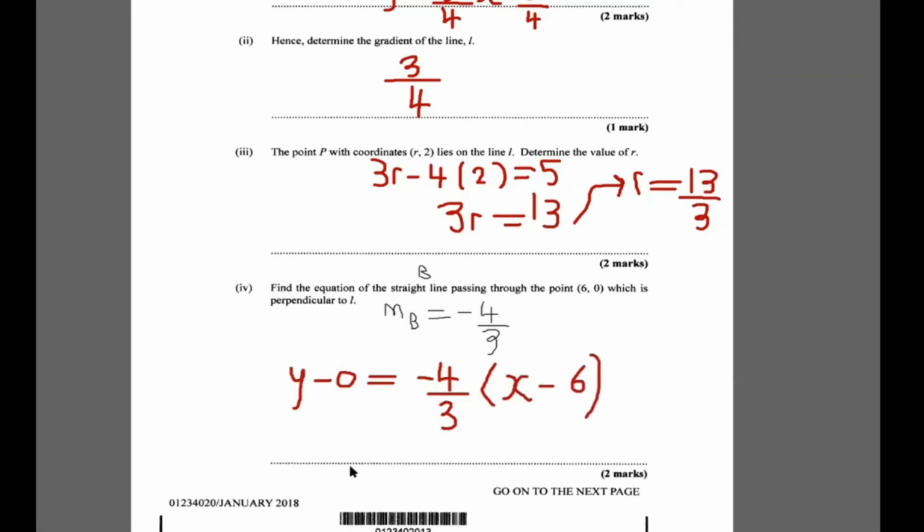And so we expand this, and we get y is equal to negative 4 over 3 x plus, now negative 4 over 3 times negative 6 is 8. So we'll get plus 8. Nice and easy. No issues.